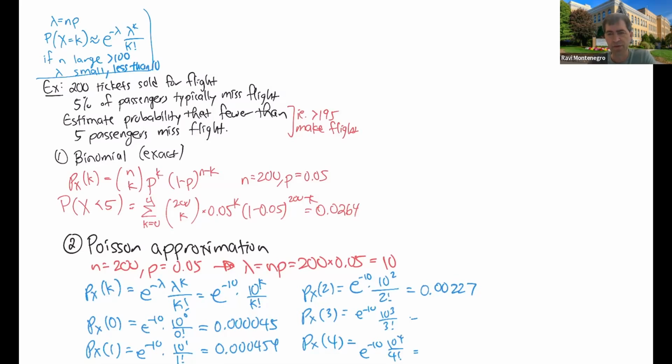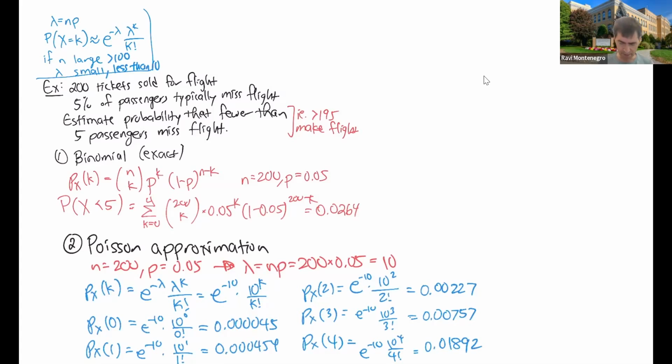And then 10 cubed over 3 factorial, and then 10 to the 4th. And those are the 5 possible cases where fewer than 5 people miss their flight.